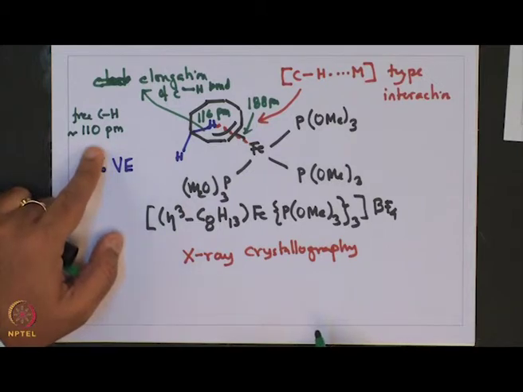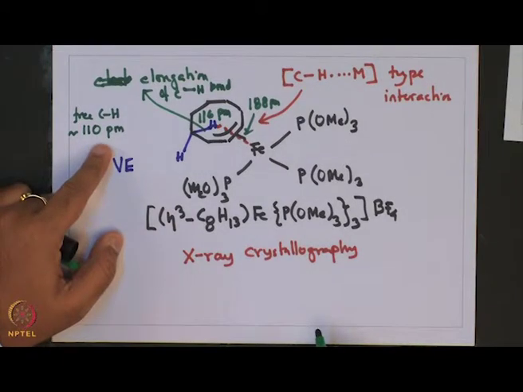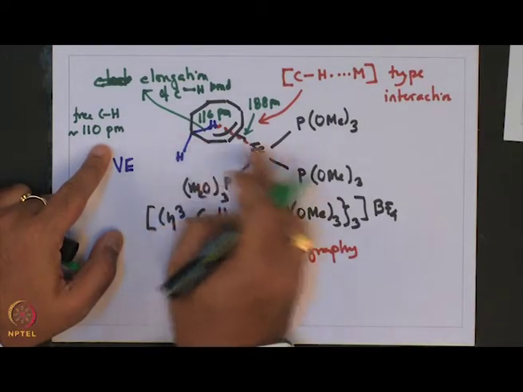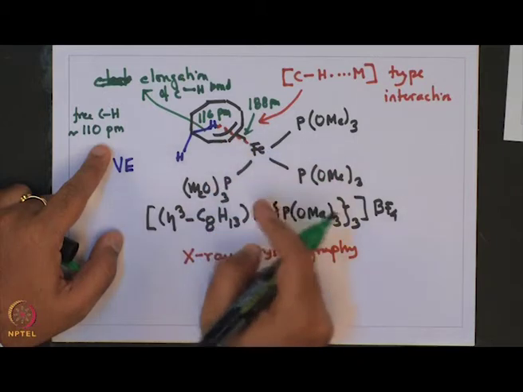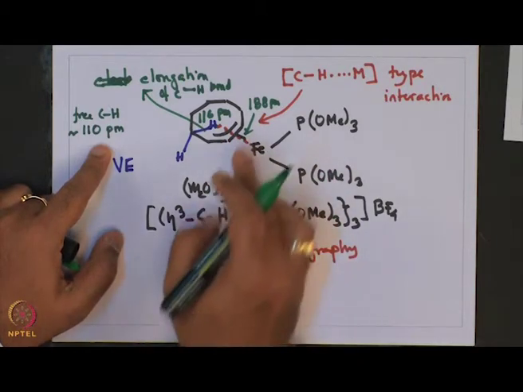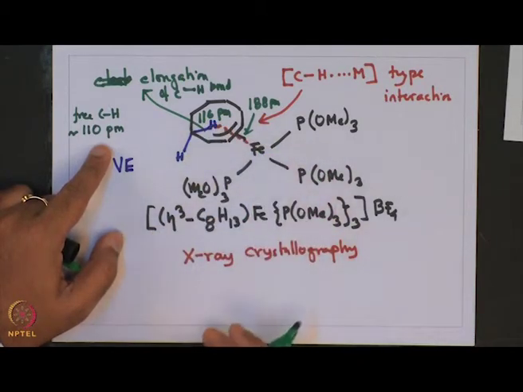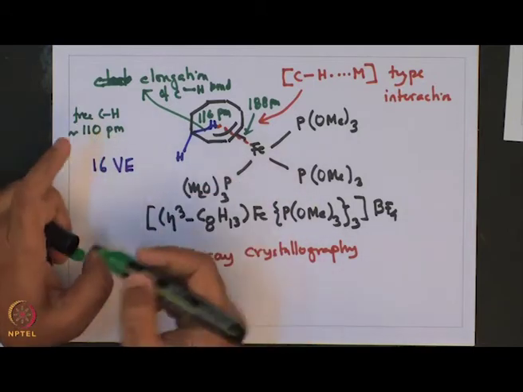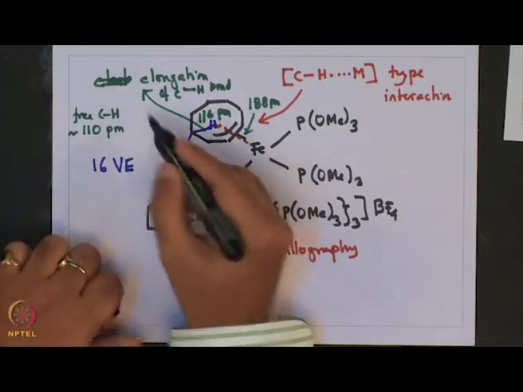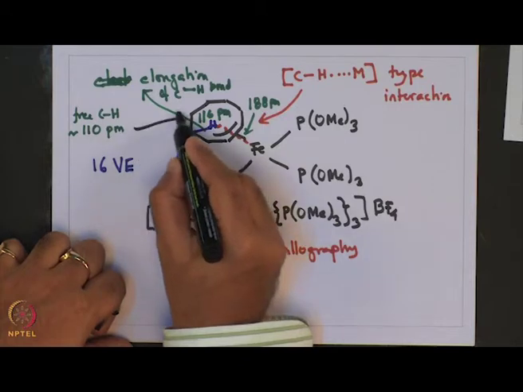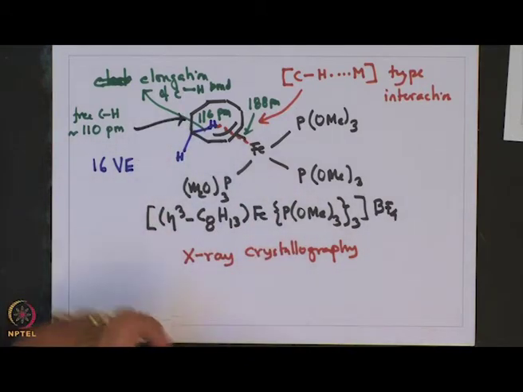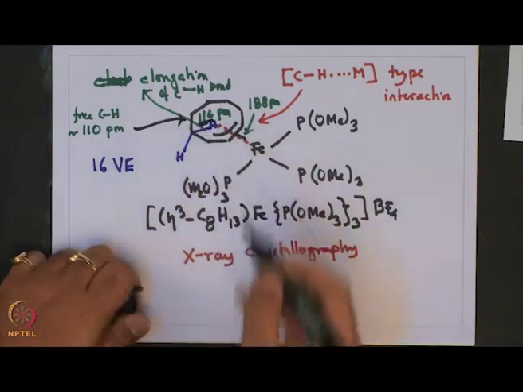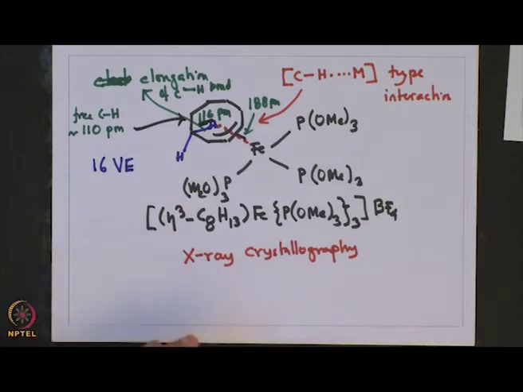So, in this complex, as it shows CH-M agostic interaction, this bond has increased from 110 picometer to 116 picometer as a result of this agostic interaction.